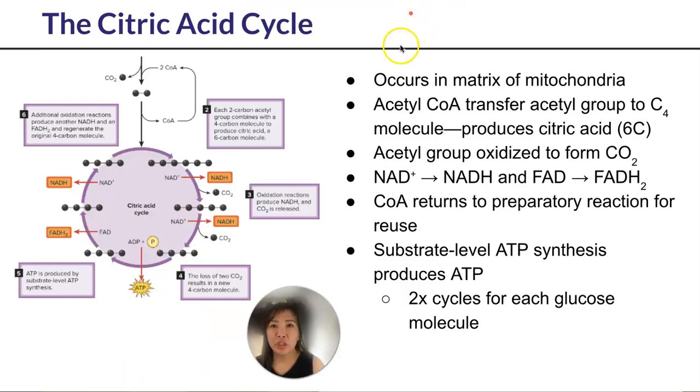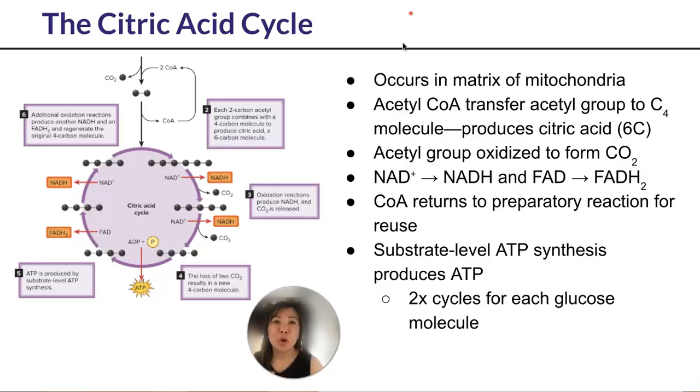Now that we have our 2 acetyl-CoA molecules, we're ready to enter the citric acid cycle. This is still occurring in the mitochondria, but now we're in the matrix of the mitochondria, and the acetyl-CoA is going to be transferred to a 4-carbon molecule. What we're going to produce is a 6-carbon molecule, also known as citric acid.